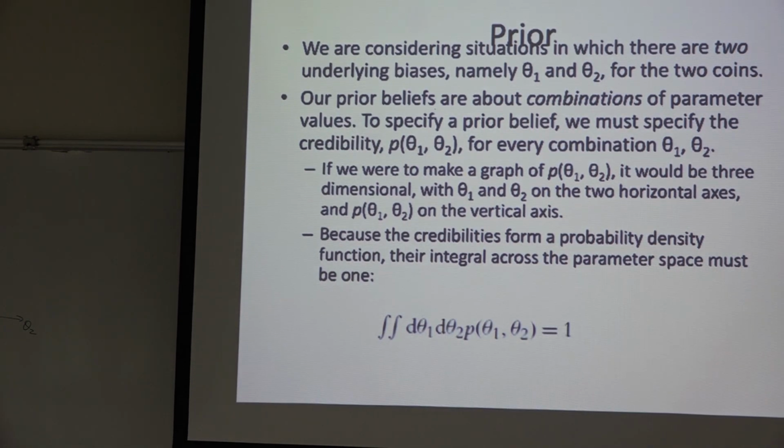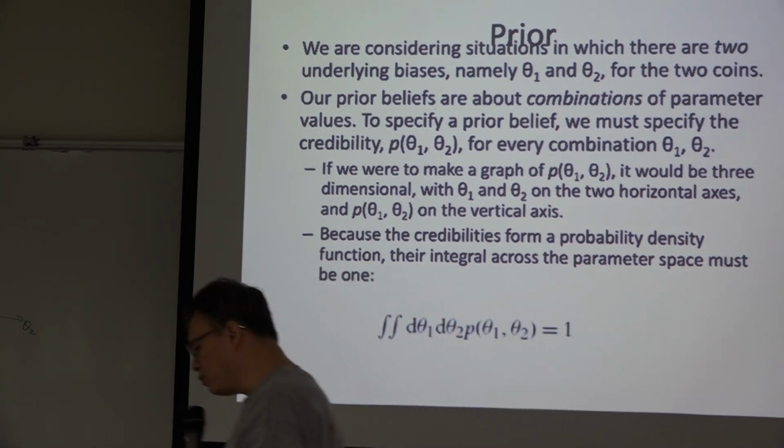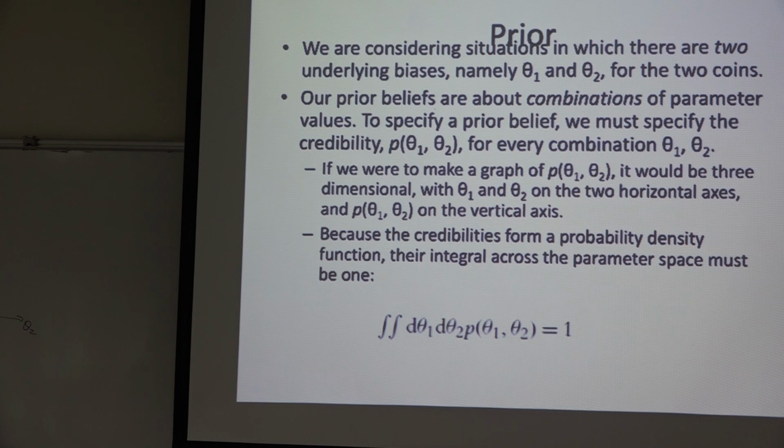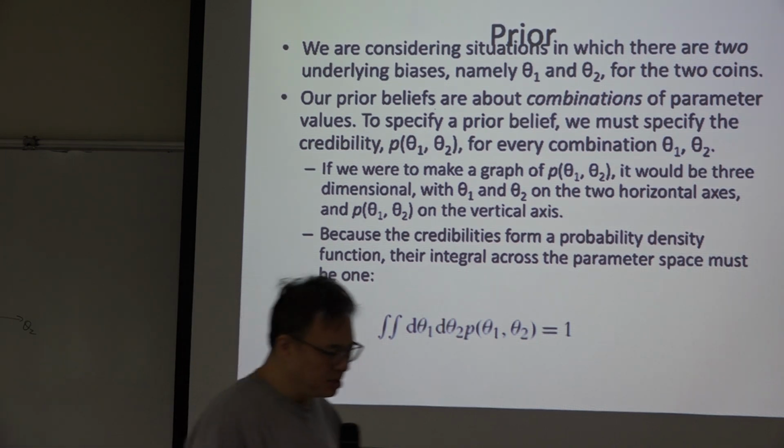That's not the convention used in any mathematics book. But you get the idea. Just like the one parameter situation, for the two parameter situation it's similar. Now we have two parameters, so you integrate over these two parameters, and the result should be 1, obviously.